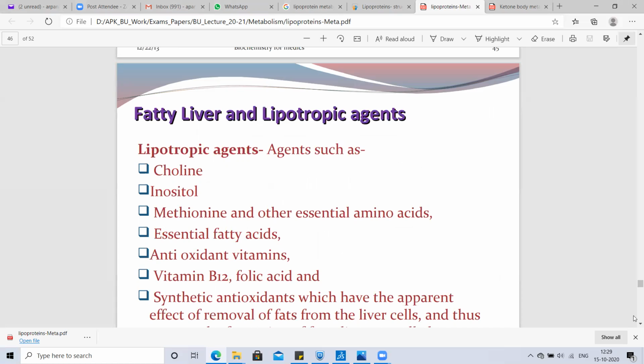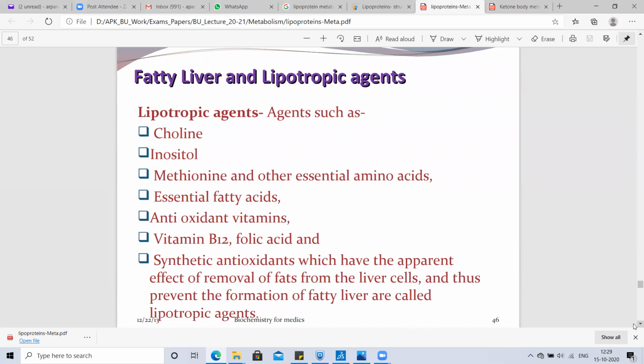I explained it earlier, but let me quickly remind you once again: what are lipotropic agents? Lipotropic agents are the molecules which positively influence the lipogenesis process. For example, choline, inositol, methionine, and some essential amino acids, essential fatty acids, antioxidants, vitamins, vitamin B12, folic acid, and certain synthetic antioxidants.